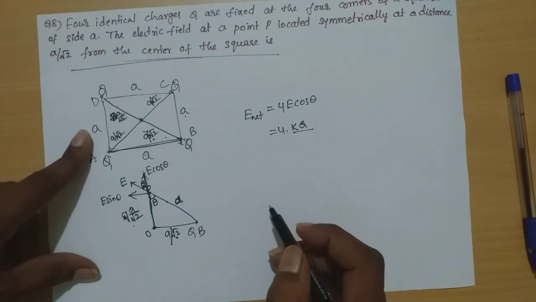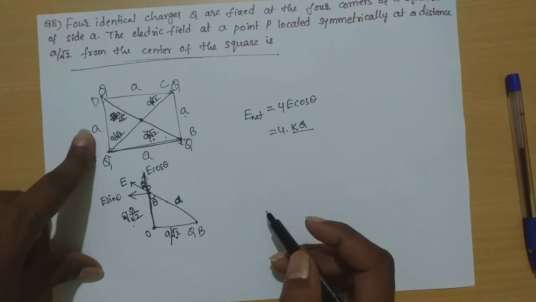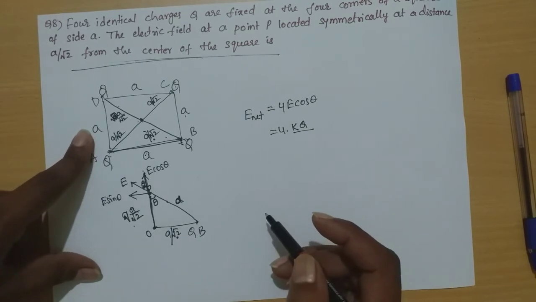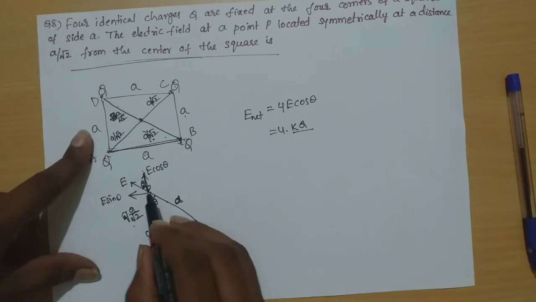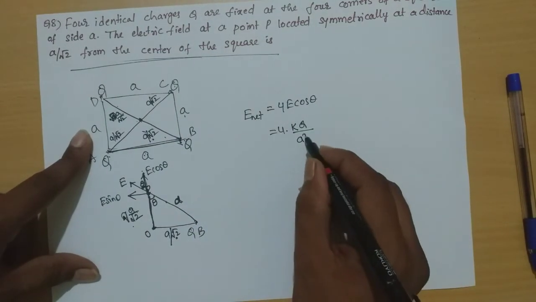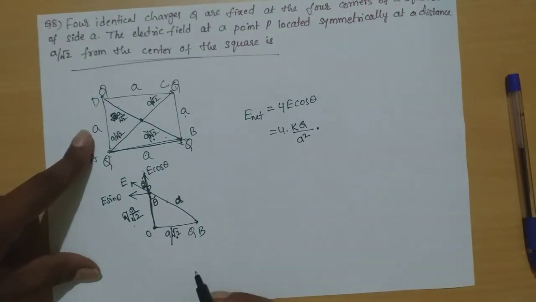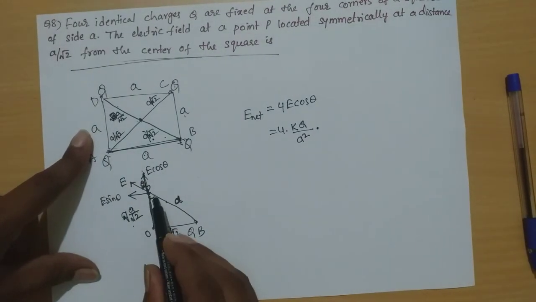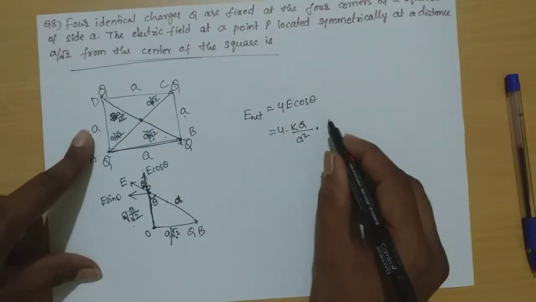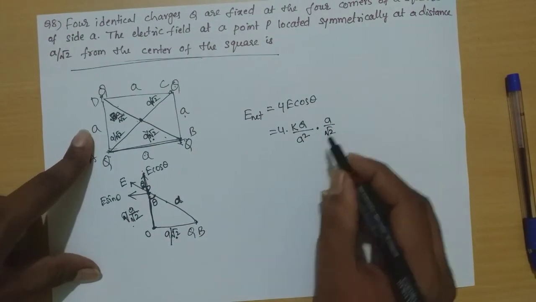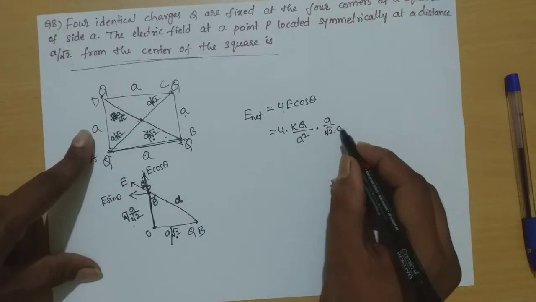What do we take for R square? That value is the distance from here to here, A square, into cos theta. This is the theta, no? So cos theta is the adjacent side, A by root 2, by the hypotenuse, A.